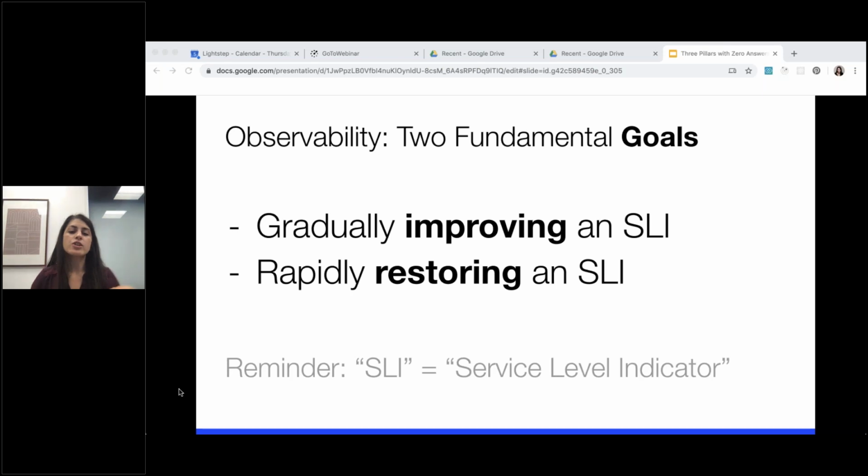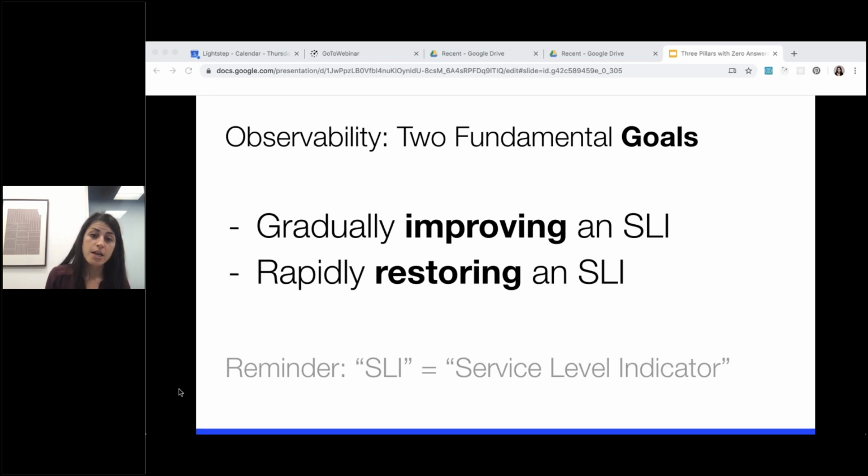So an example of gradually improving an SLI is if your product manager comes up to you and tells you that the product is way too slow, then you would probably take on a project to gradually improve the SLI of several services, and you may need to do a series of optimizations and refactor those services in order to meet that SLI and improve the baseline.